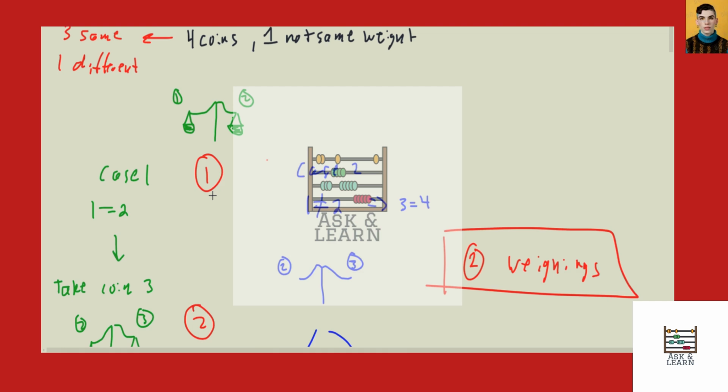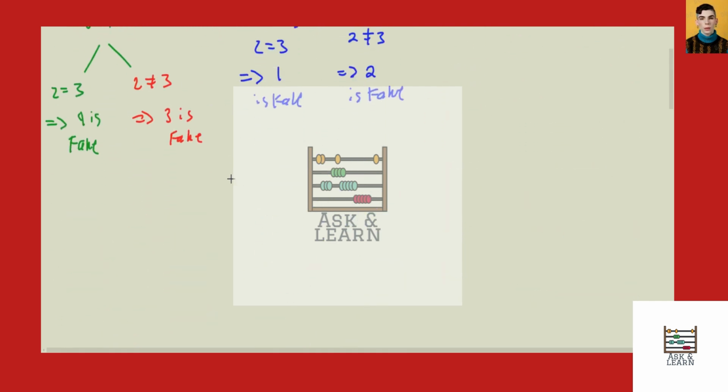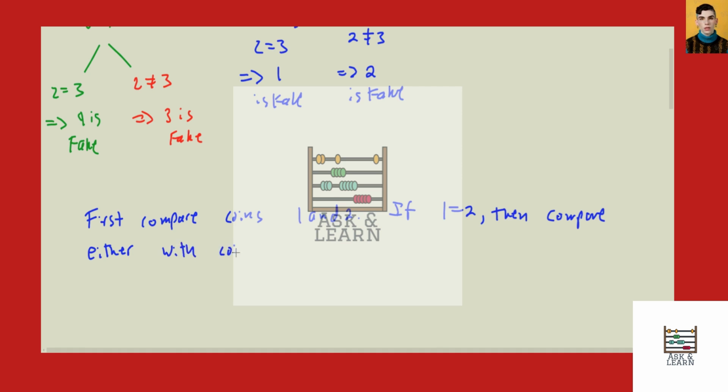All right, so let's actually write out what this algorithm was. What we do first, we'll just call them coins 1, 2, 3, 4. First, compare coins 1 and 2. If 1 is equal to 2, then compare either with coins 3 and 4.